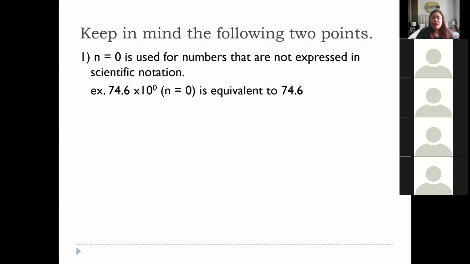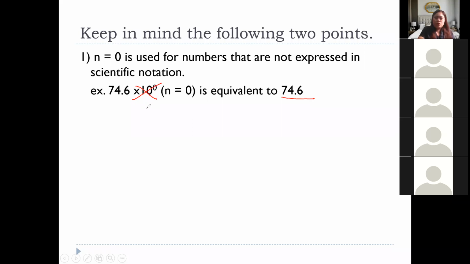A 0 exponent is actually used to express numbers that are not expressed in scientific notation. So again, 74.6 times 10 raised to the power of 0. The 0 here means the exponent is not really included, and the true value is 74.6.